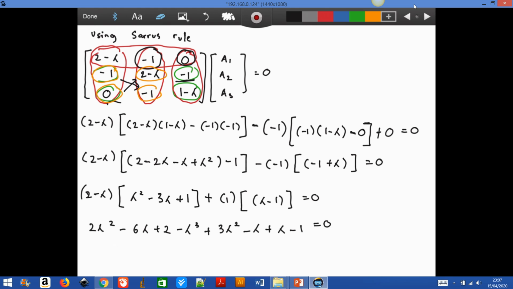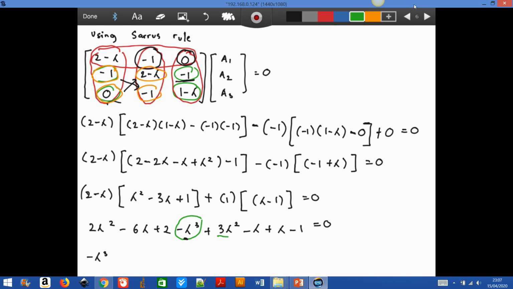Okay, so what I normally do is I always write the first biggest term, which is this one. We only have one term of lambda cubed, so negative lambda cubed. And then look for the second biggest.